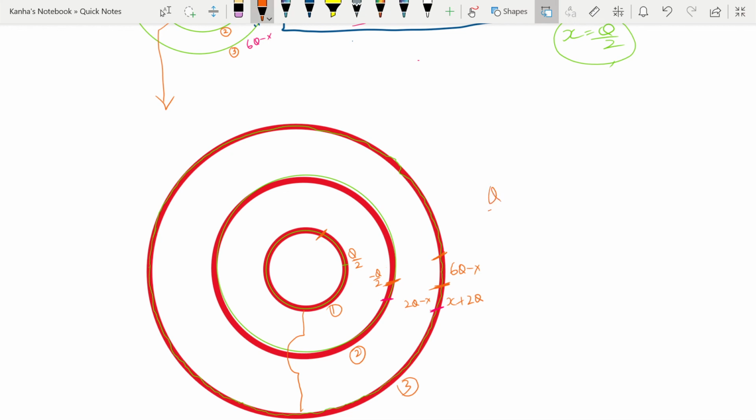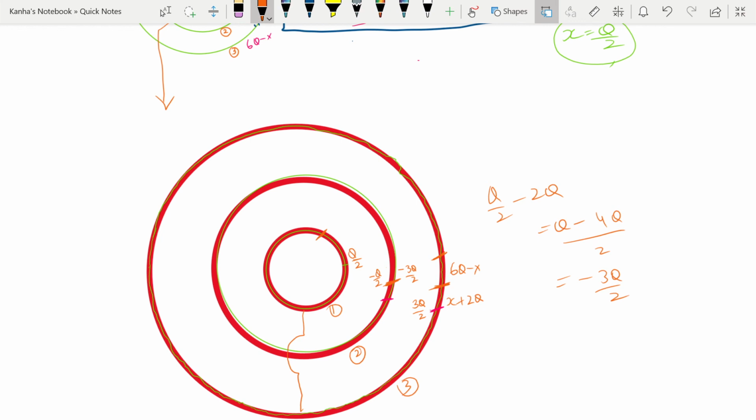What is q by 2 minus 2q? It is equal to q minus 4q by 2, which is minus 3q by 2. So this outer surface has minus 3q by 2. So this surface gets how much? 3q by 2, the inner surface of the third one.